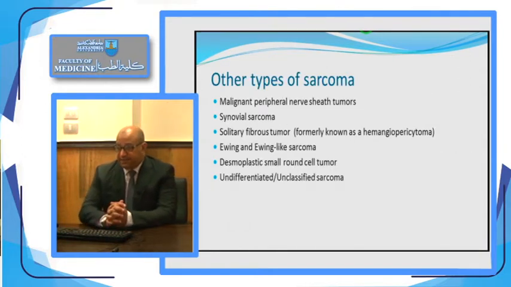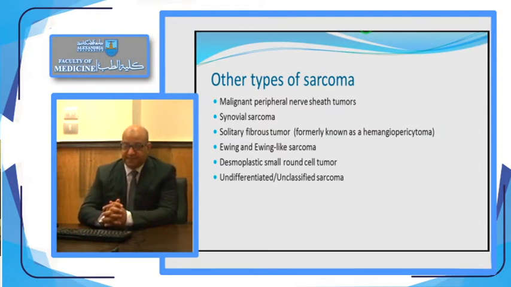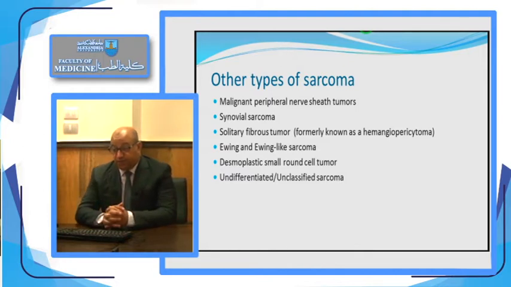The other less common types of sarcoma are malignant peripheral nerve sheath tumors. These are tumors which either originate from peripheral nerve sheath cells or have a differentiation towards peripheral nerve sheath cells. They are either sporadic or a component of neurofibromatosis type 1.